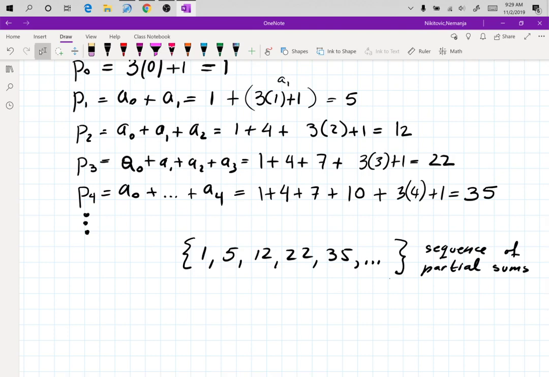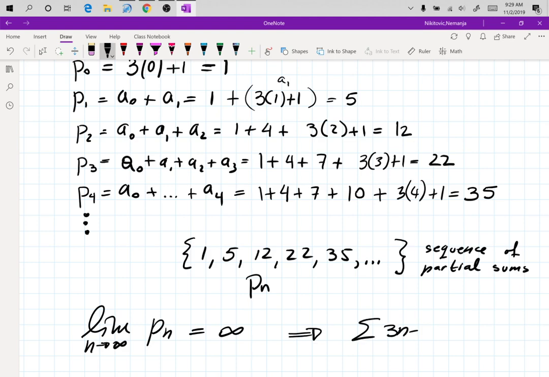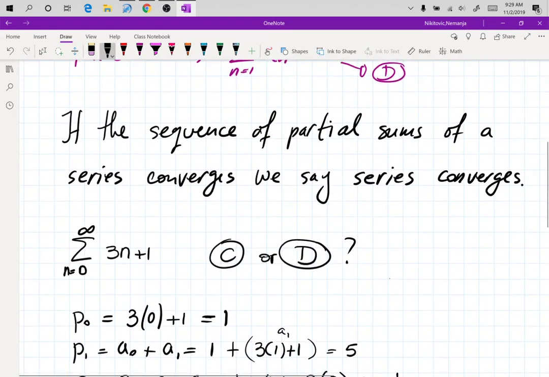Now, when you take a look at this sequence of numbers, you can call it Pn. The limit of Pn as n goes to infinity is going to be infinity. And that means that the series 3n plus 1 will diverge because it adds to infinity. And that's what this sentence here means.